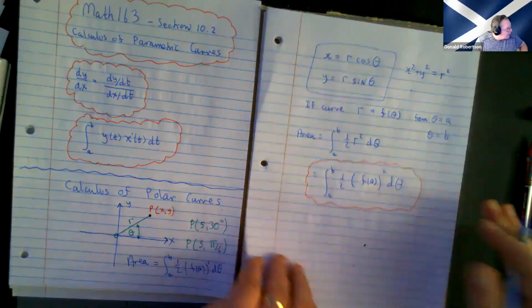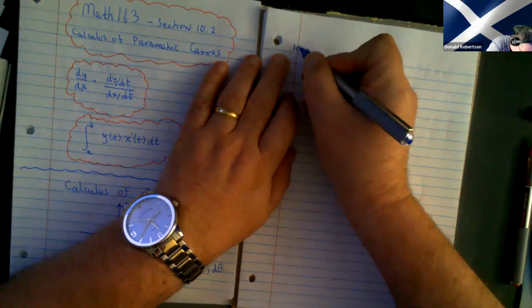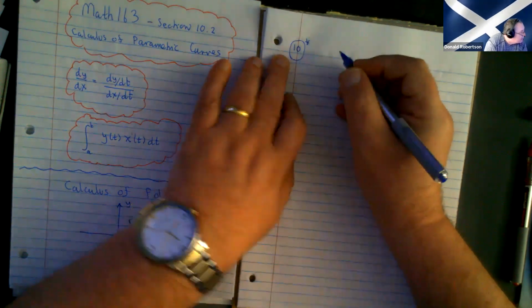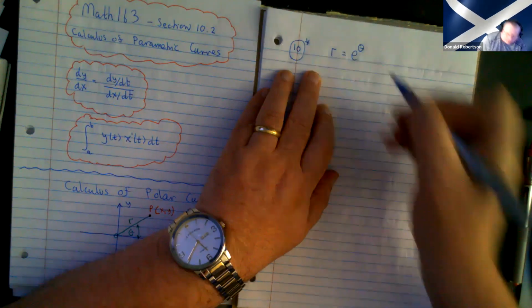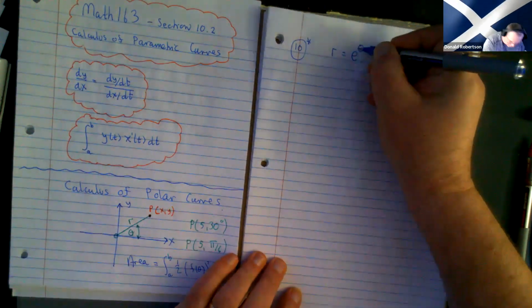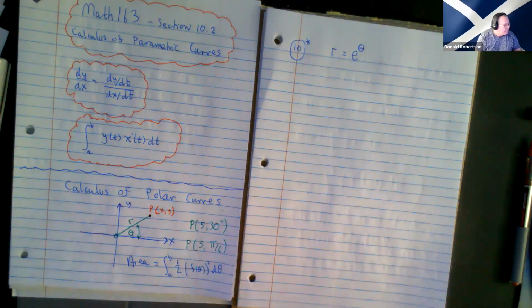So I've got a question in front of me right now with a nice ugly answer. In question 10, the curve is r equals e to the theta. It's got that standard format. You can't really do anything if it's not written as r equals a function of theta.